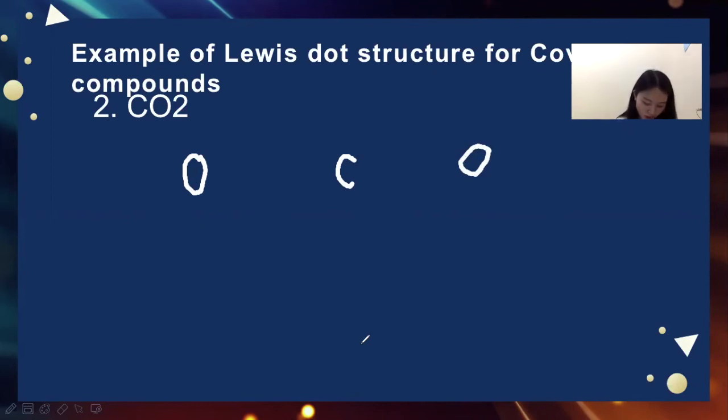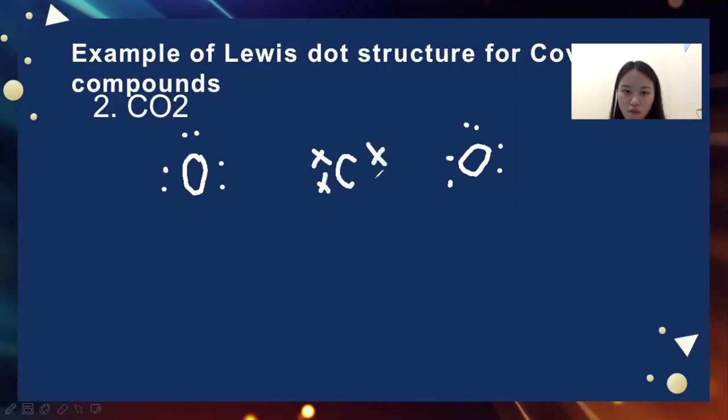Oxygen has 6 valence electrons, so 1, 2, 3, 4, 5, 6, and again 1, 2, 3, 4, 5, 6. And then carbon has 4 electrons, so 1, 2, 3, 4.